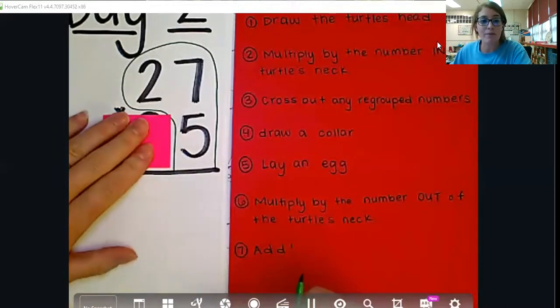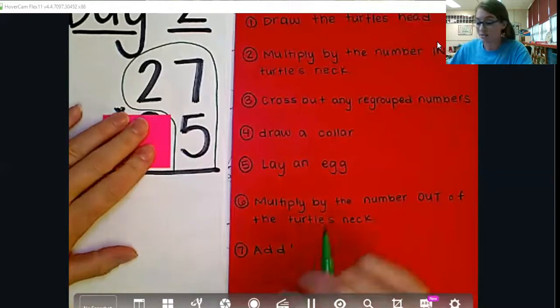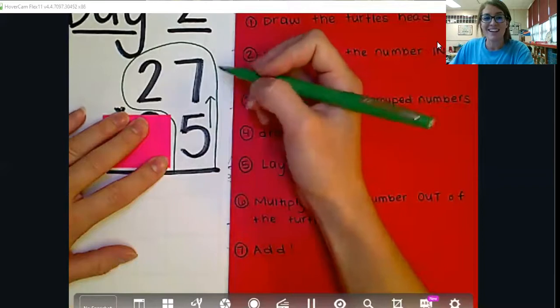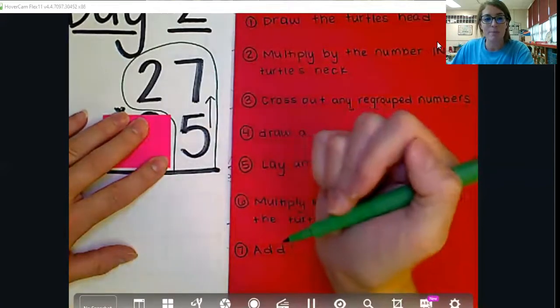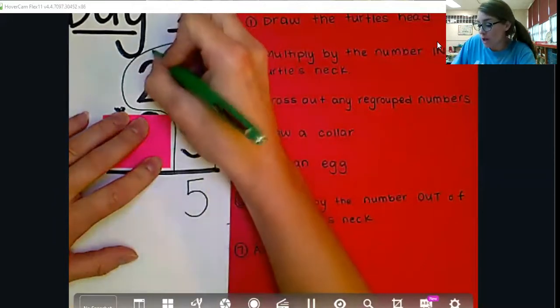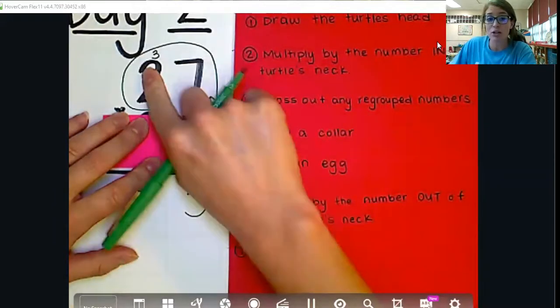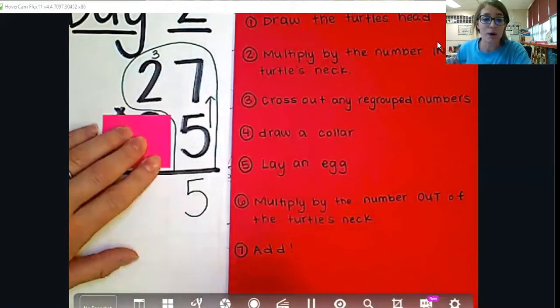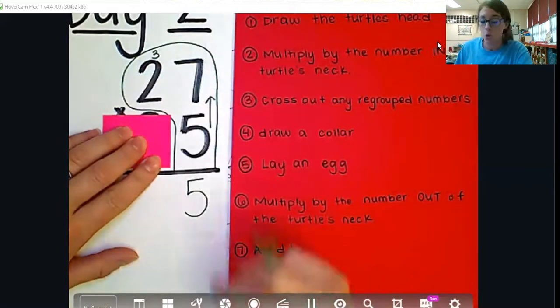So what do I multiply first? Yes, 5 times 7, which is, very good, 35. What goes down, what goes up? Yes, 5 will go right here, and the 3 will stay inside the turtle's head and come above this tens place. Very good. Then what do I multiply? Wonderful.